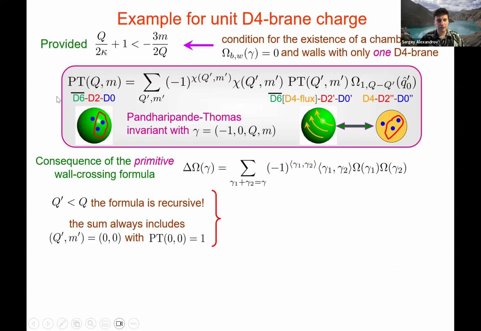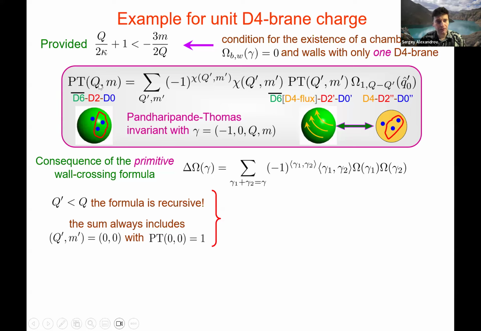So you start with a PT invariant, which is known to vanish with respect to this new BW stability somewhere far from the large volume, and then you do just wall crossing, and it turns out that it's enough to apply just the primitive wall crossing formula. So in the end, this PT invariant is expressed as a sum of bound states where the components are again anti-D6, D2, D0 bound state, which gives a PT invariant, and D4, D2, D0 bound state, which gives our rank 0 DT invariant.